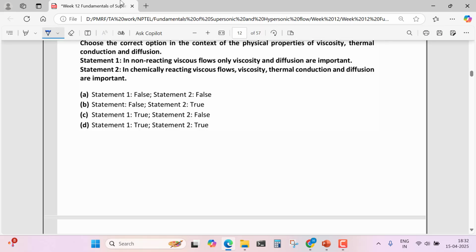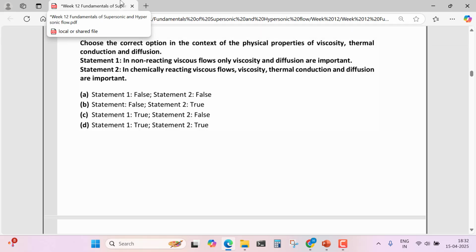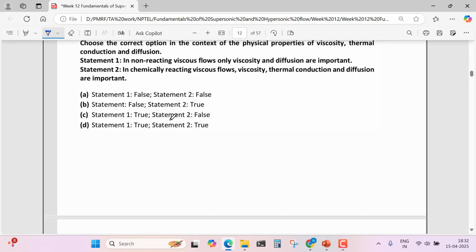Now we'll see the next problem. Choose the correct option in the context of physical properties of viscosity, thermal conductivity, and diffusion. Statement 1: in non-reacting viscous flows, only viscosity and diffusion are important. Statement 2: in chemically reacting viscous flows, viscosity, thermal conductivity, and diffusion are important.